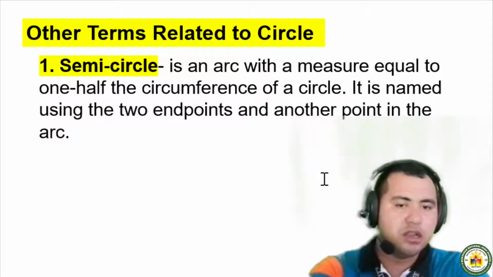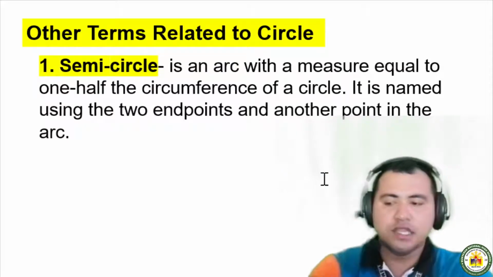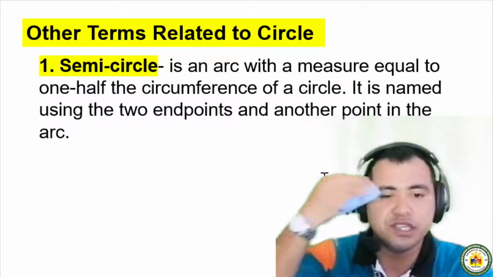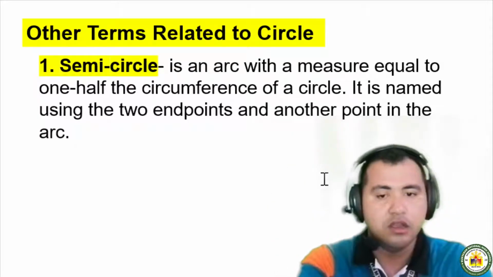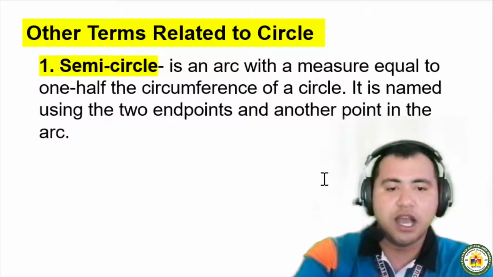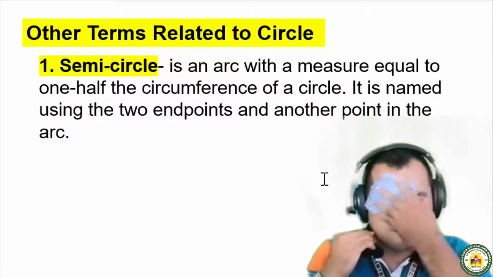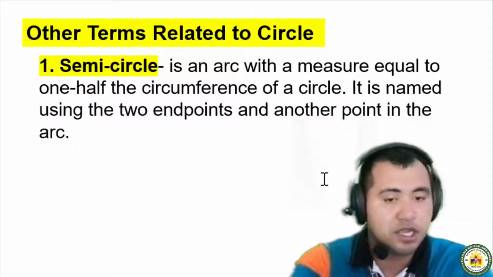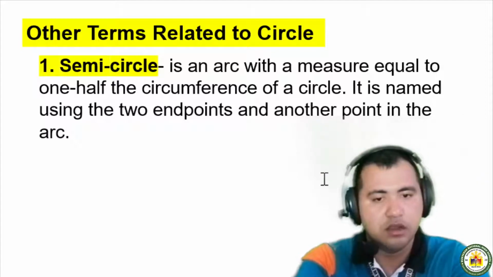What is a semicircle? A semicircle is an arc with a measure equal to 1/2 the circumference of a circle. So, ang semicircle, usa siya ka arc nga ang iyang measurement equal sa 1/2, katunga sa circumference sa atong circle.